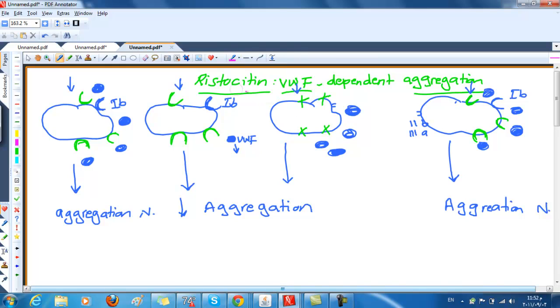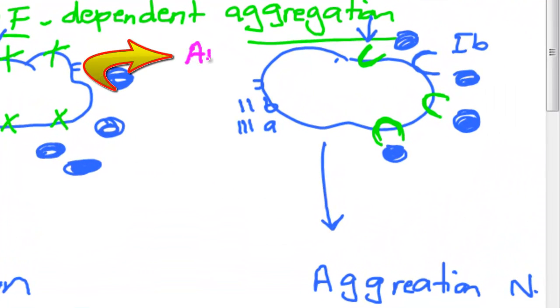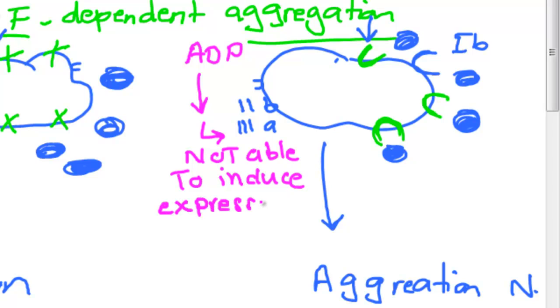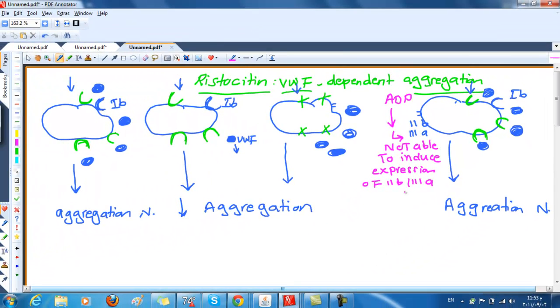The 4th case, which is here, you have problems in these types of receptors. So when you add ADP to this molecule, ADP is not able to induce expression of 2b3a, because you don't have 2b3a receptors in this case.